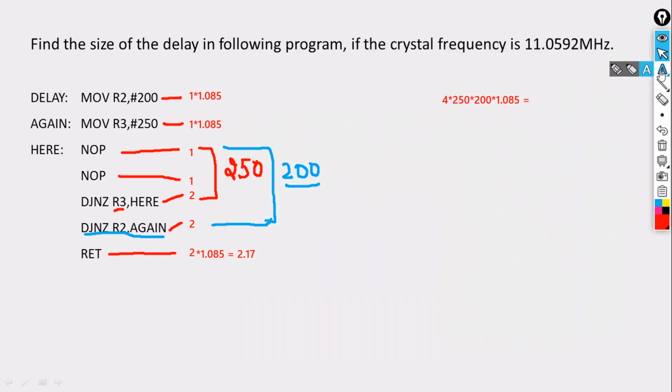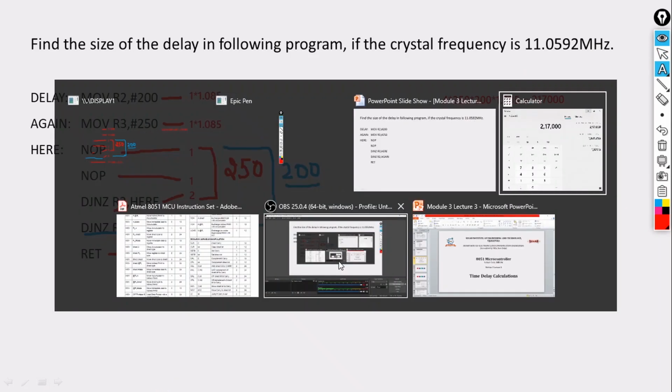So the delay offered by this is 217,000 microseconds. Plus these instructions, 1.085 plus 1.085 plus 2.17. Let me open up the calculator again.